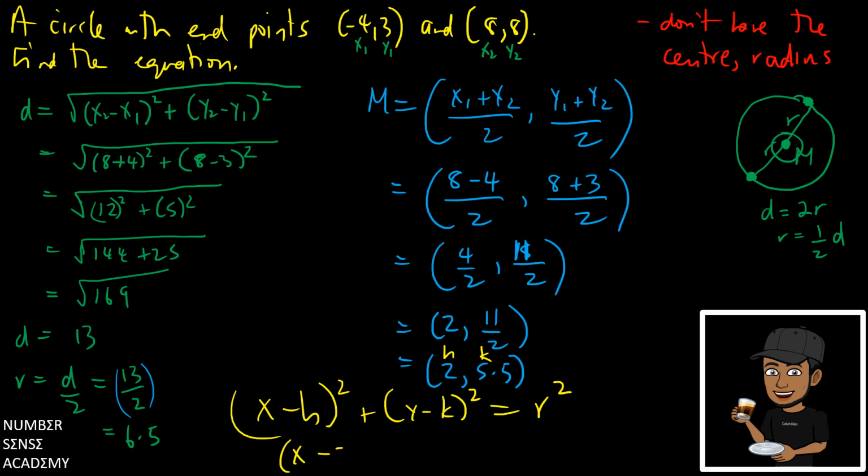So x minus 2 squared plus y minus 5.5 squared is equal to 6.5 squared. 6.5 squared is, let's figure that out real quick. 6.5 times 6.5 is 42.25.